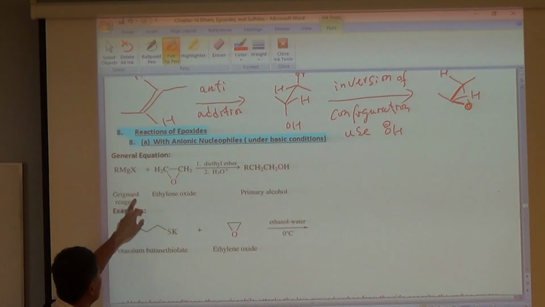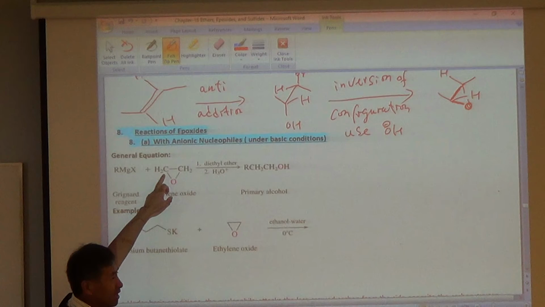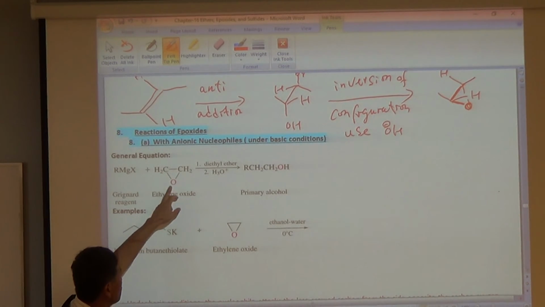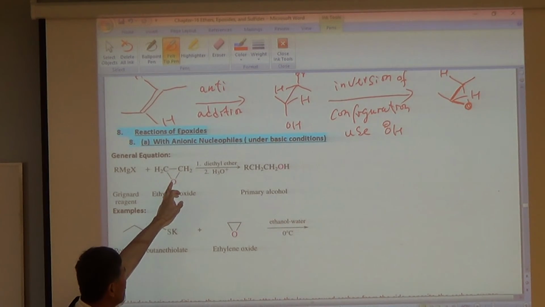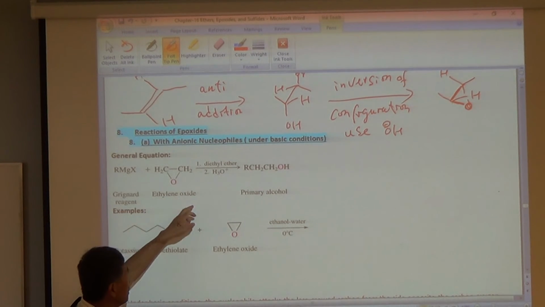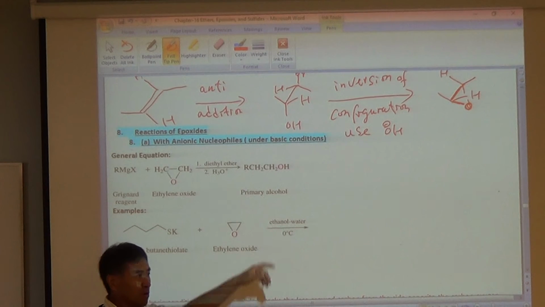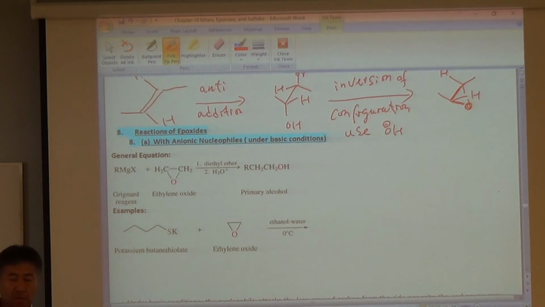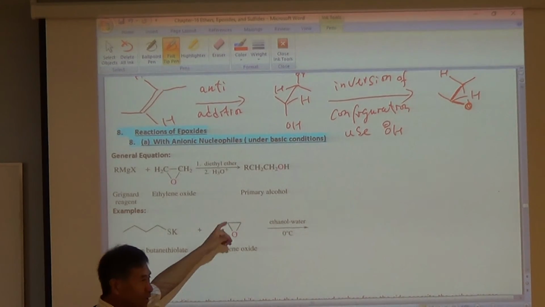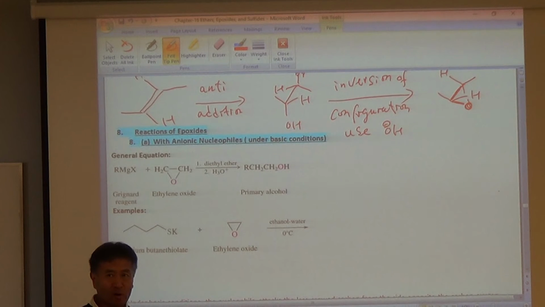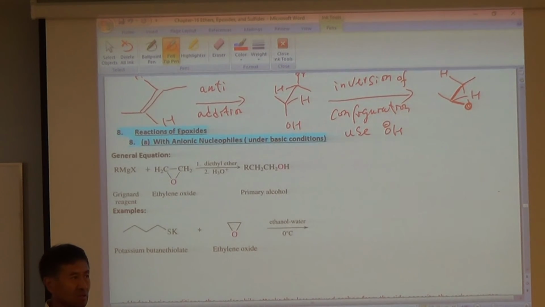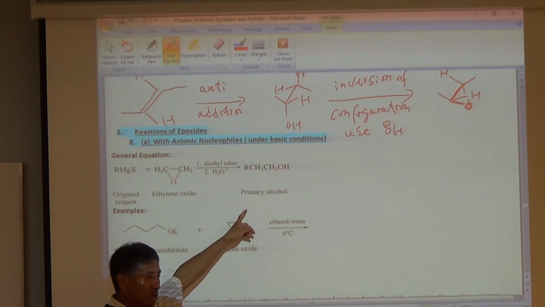The result is you add this R onto one carbon, and you break this bond, and you still have the bond between the other carbon and O. Then you protonate with the workup, and you produce an alcohol. So you produce an alcohol with Grignard, and you have 2 more carbons. And you produce a primary alcohol.